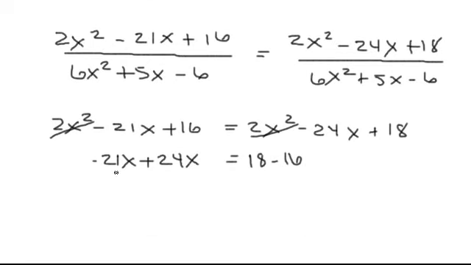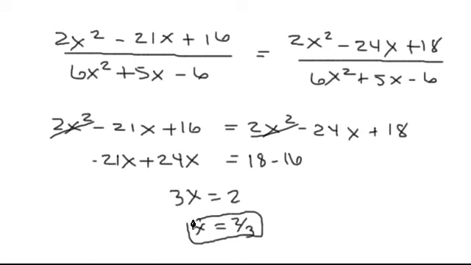So we want to simplify this down. This becomes 3x is equal to 2, therefore x is equal to 2/3. So the question is, is that our solution to our equation?